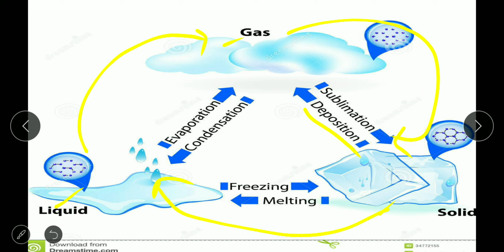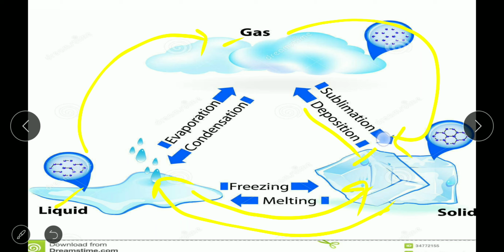When a liquid is converted into a solid, this process is called freezing. For example, a water molecule is converted into ice. At this point, water is converted into ice. This is called the freezing point.